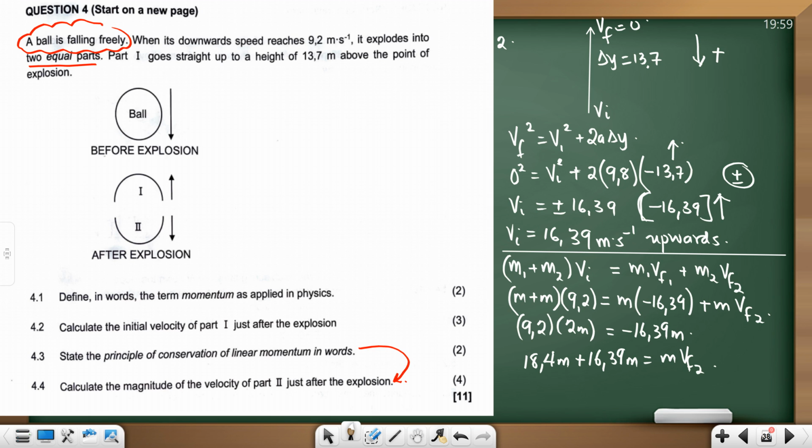What will that give us? 18,4 plus 16,39. Then we divide by m. That's 30 something. Okay, it's 34,79.